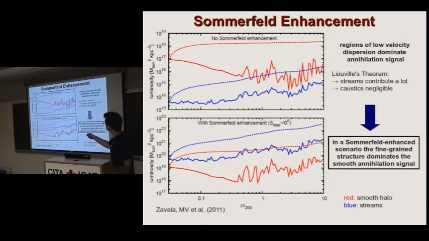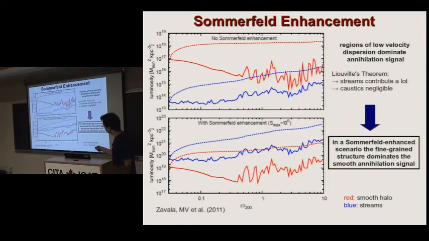Now if you look at these plots, you should only focus on the solid line. The red solid line is the differential annihilation radiation for the smooth halo, and the blue is the contribution from the fine-grained phase space. And that is along the lines of what I mentioned before, so it's always kind of subdominant, especially in the inner part.